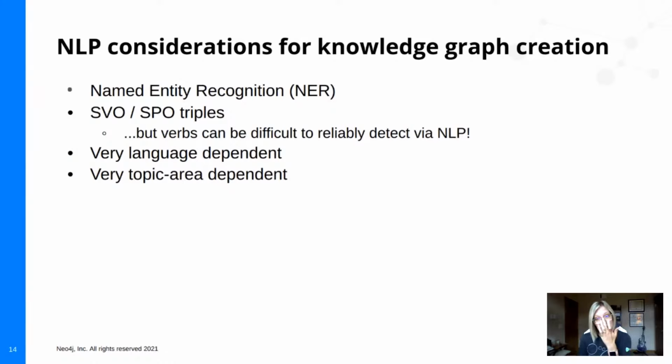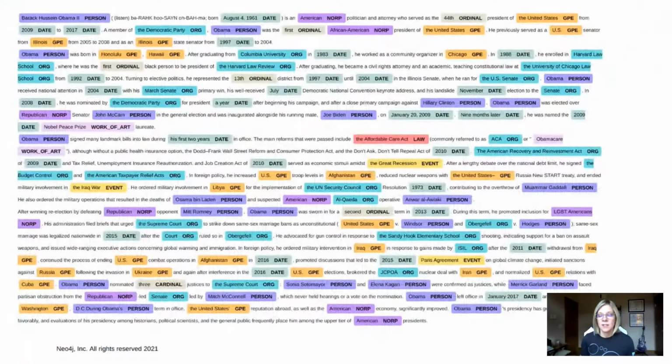But think about if you were dealing with some serious scientific topics, NLP engines might not always detect the named entities. So you're going to need a special vocabulary for those things. This is when it's great to have a subject matter expert involved. Those subject matter experts can tell you what the right named entities are and what the right verbs are. So they're really important in this process.